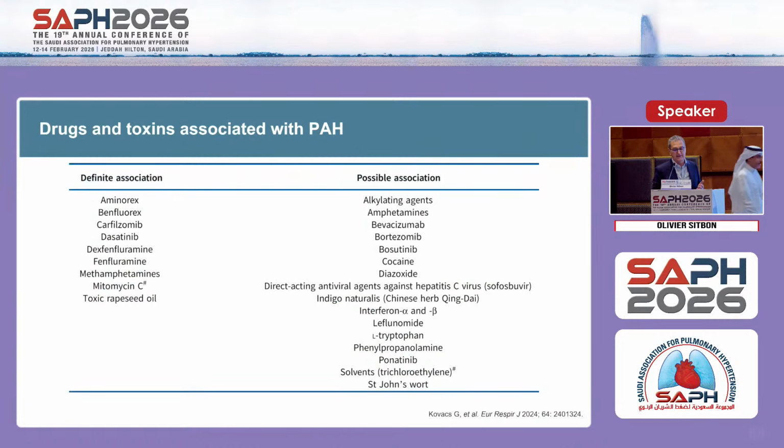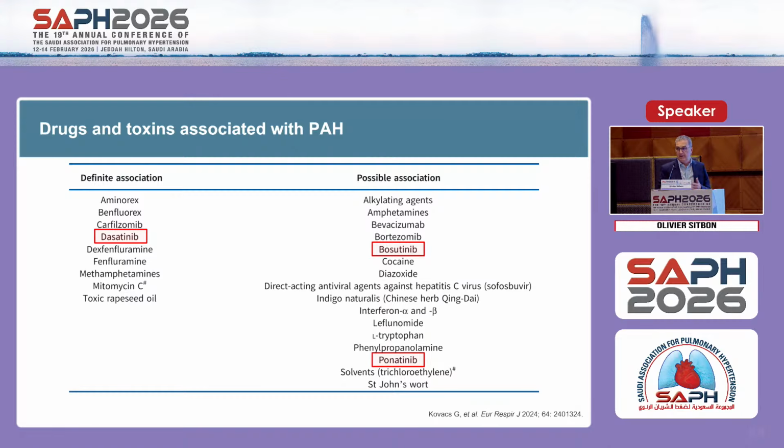Let's start with dasatinib. Dasatinib is clearly a drug considered as having a definite association with the development of pulmonary arterial hypertension. Besides aminorex, mafluorex, and the fenfluramines, dasatinib belongs to this category of drugs.